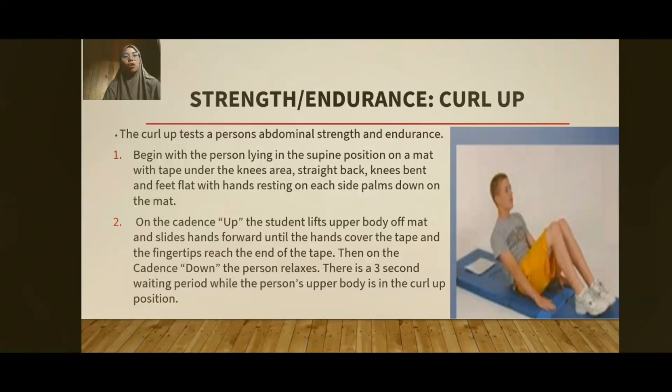On the cadence up, the student lifts the upper body off the mat and slides the hands forward under the tape so the fingertips reach the end of the tape. Then on the cadence down, the person relaxes. There is a 3 second period while the person's upper body is in the curled-up position.